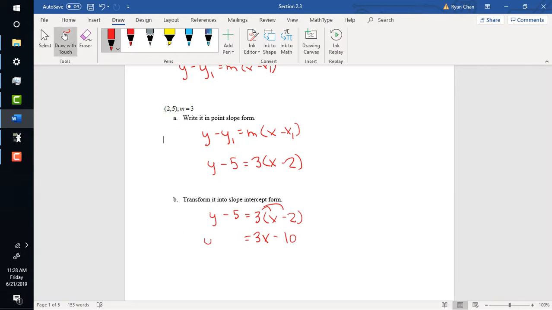My bad. My apologies for that. And then you want to get y by itself, so you'll add 5 on both sides. So y is equal to 3x minus 1, and this is my answer.